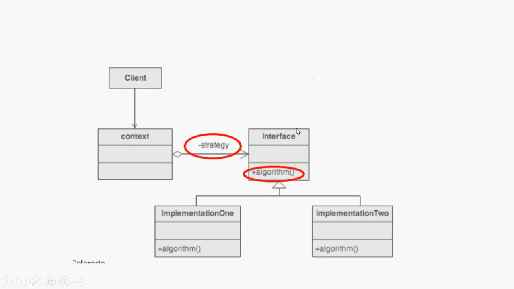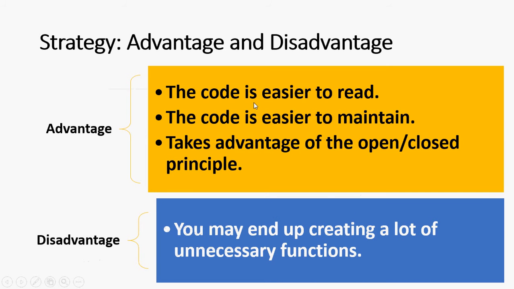So now you can see the structure of the strategy design pattern here. Which algorithm is going to be executed is defined at runtime. The advantage of the strategy design pattern is that the code is very easy to read and maintain, and you also take advantage of the open-closed principle here.